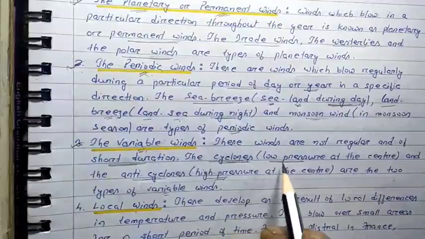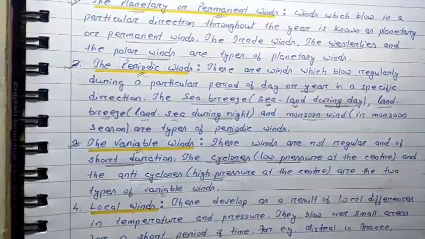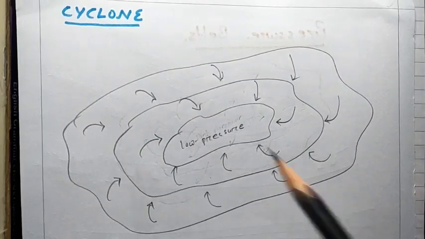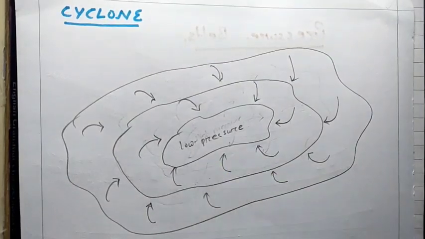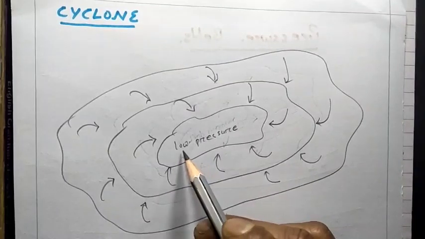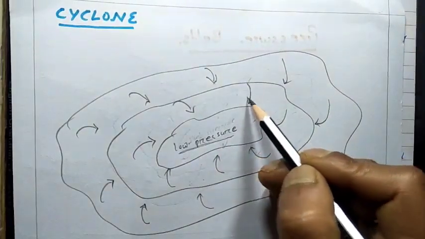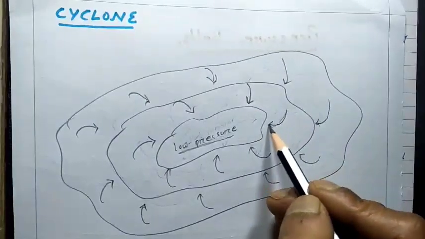Let me show you the picture of cyclone and anticyclone. You can see this is the picture of a cyclone. In the cyclone, low pressure is always at the center, meaning the air will be coming towards the center.